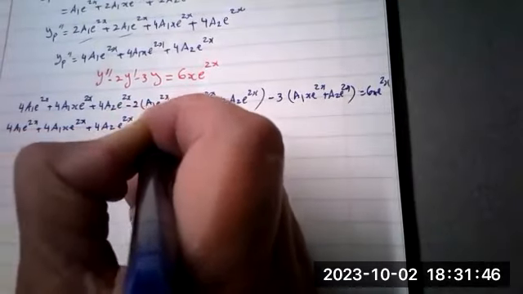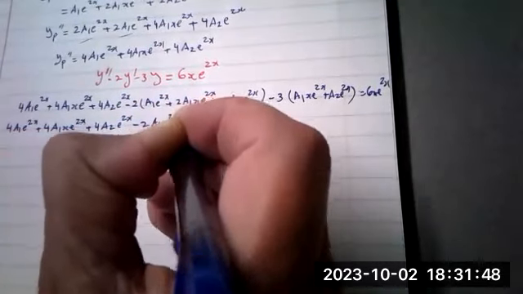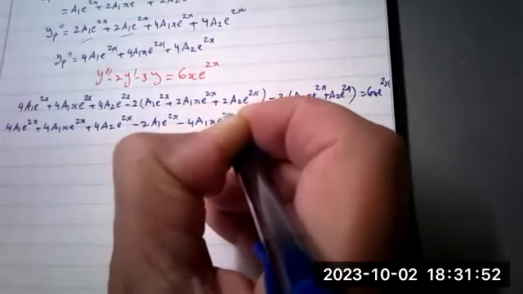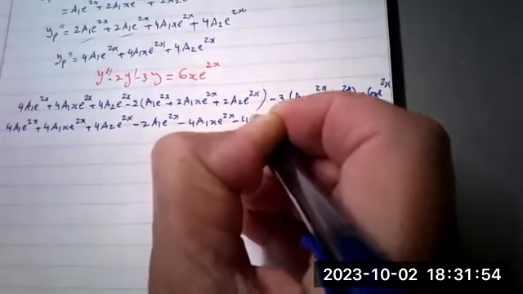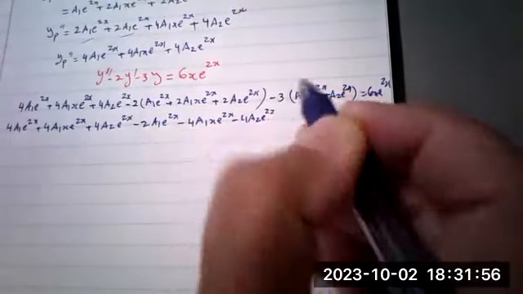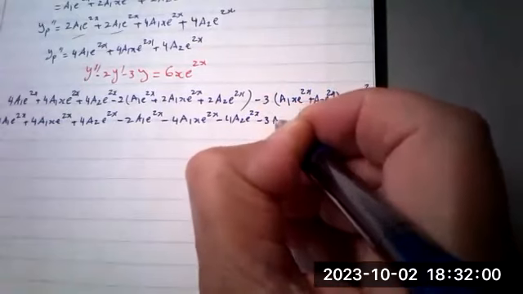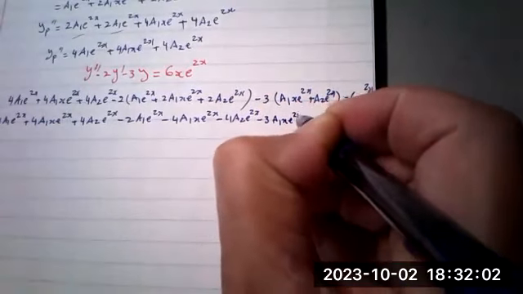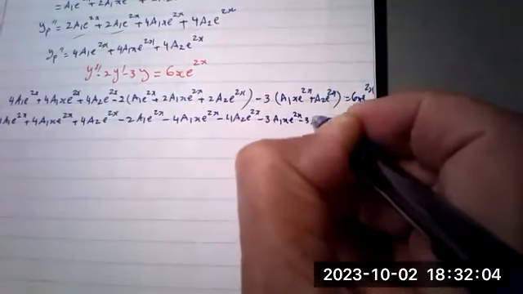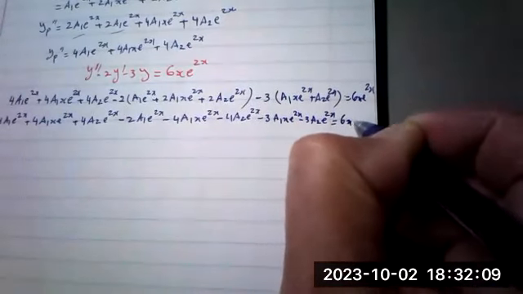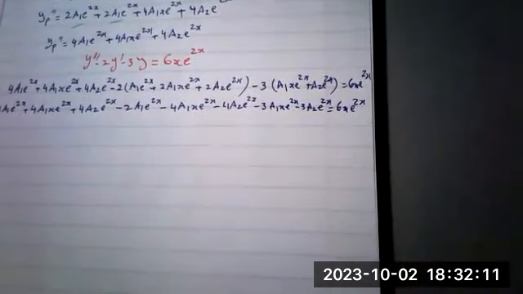That's going to be negative 2a1 e to the 2x minus 4a1x e to the 2x, and this is going to be minus 4a2 e to the 2x. And you multiply the 3: negative 3a1x e to the 2x minus 3a2 e to the 2x equal to the 6x e to the 2x.